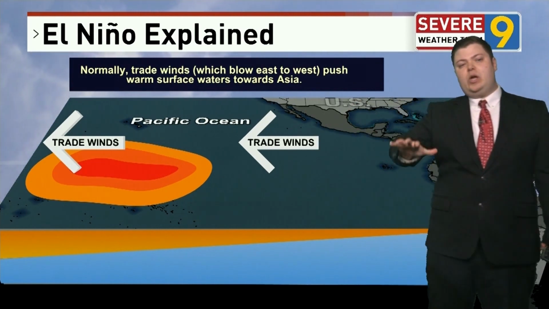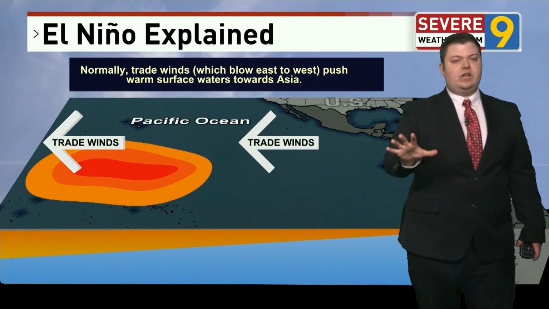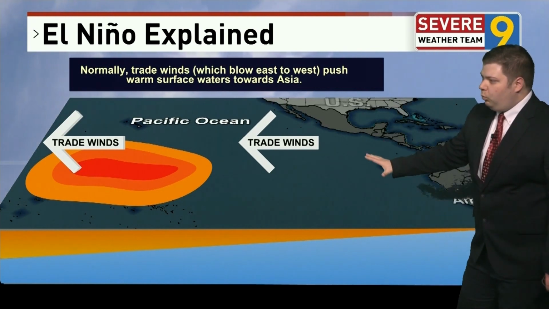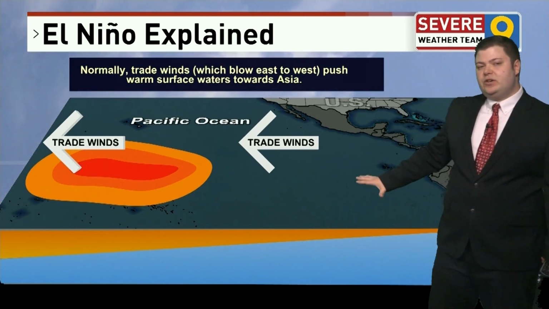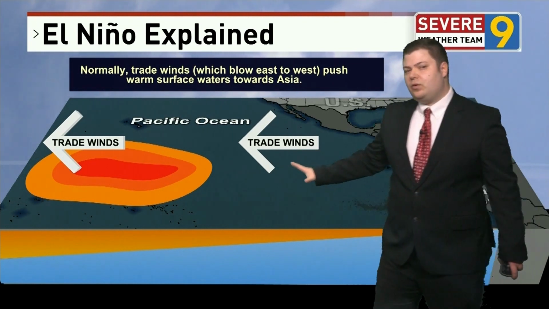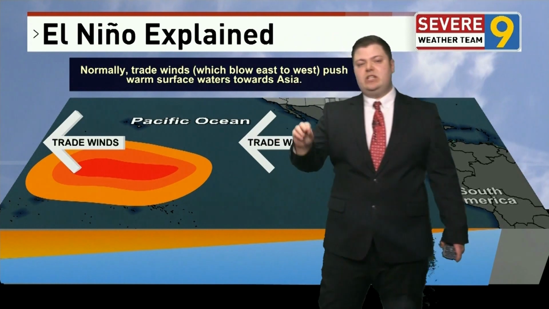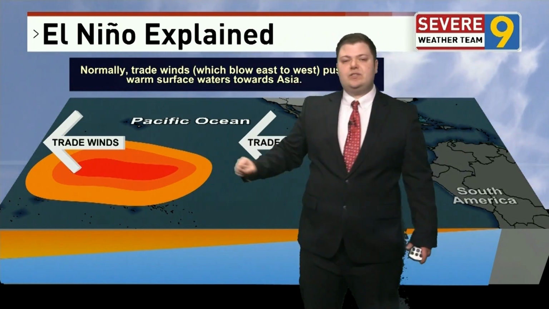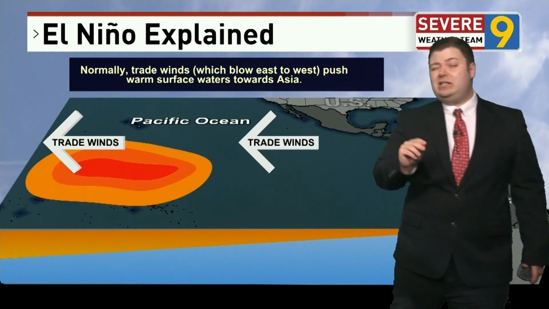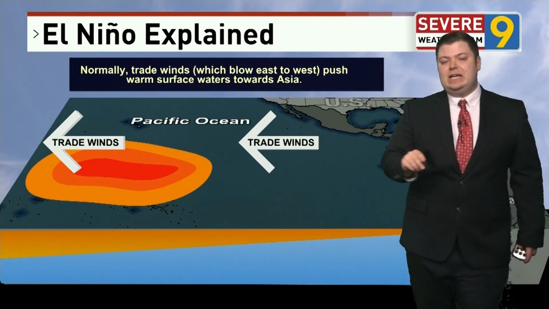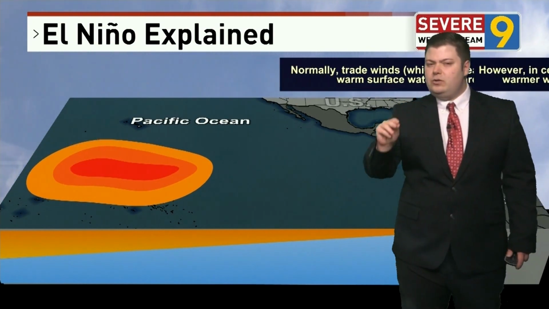Now, as these winds blow across the surface of the Pacific Ocean, it's blowing that warmer water that resides near the surface further and further towards the west. So we're seeing a collection of above normal sea surface temperatures further west in the Pacific. Now, during an El Nino year, what is happening is these trade winds are weaker than normal.